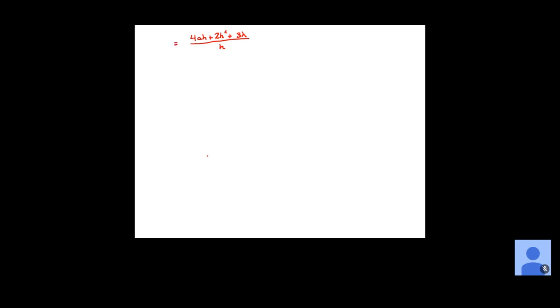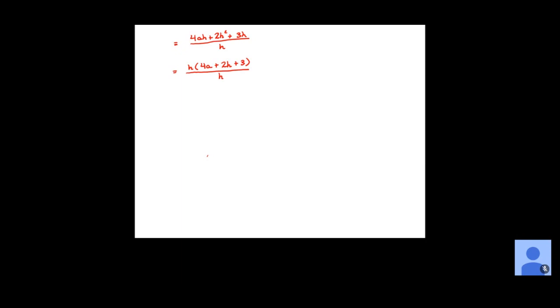Now, if we look at our numerator, we actually have a common factor. So we can actually factor out an h in the numerator. So if I factor out my h from the 4ah, that's going to leave us with 4a. Factoring out an h from 2h squared leaves us with 2h. And then factoring out an h from the 3h is just going to leave us with a plus 3.